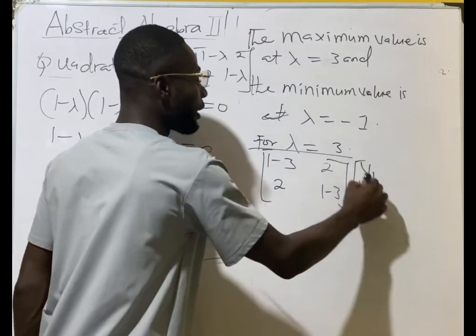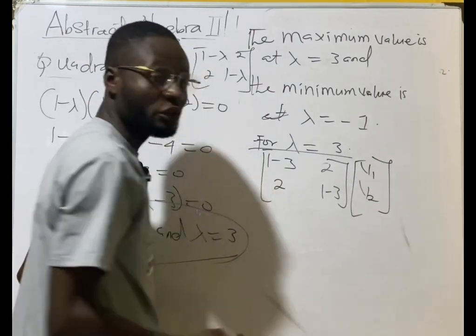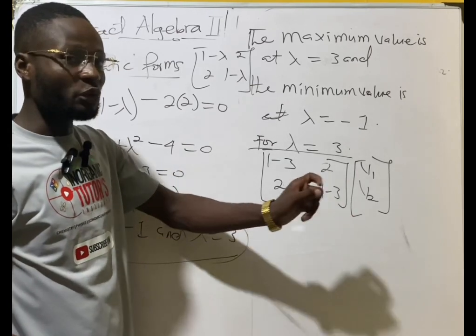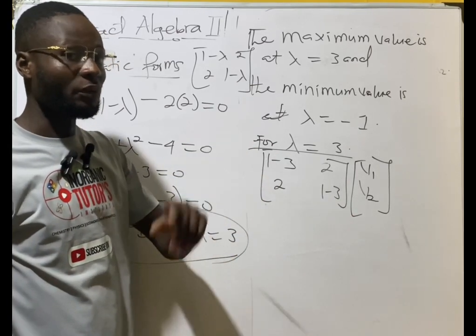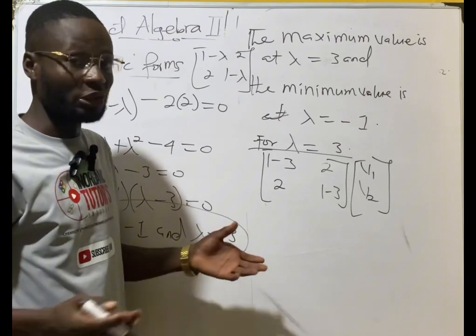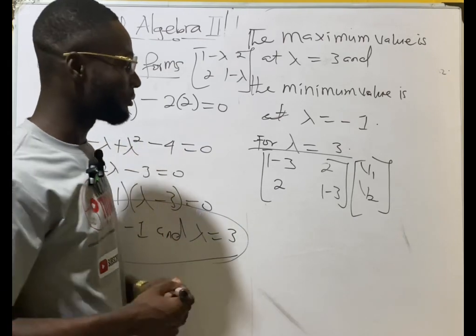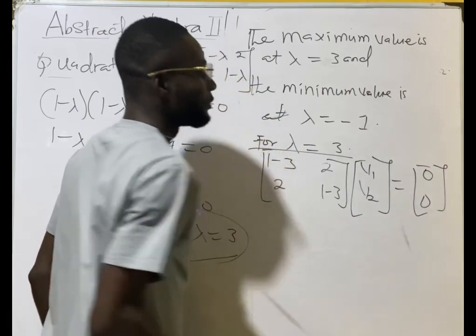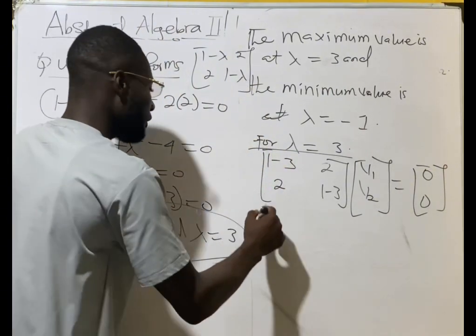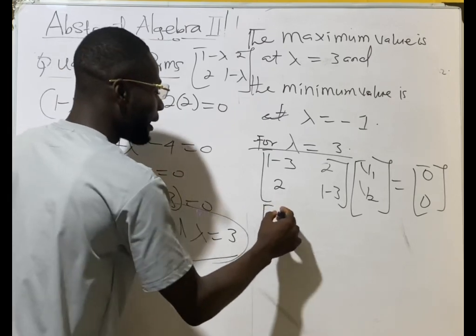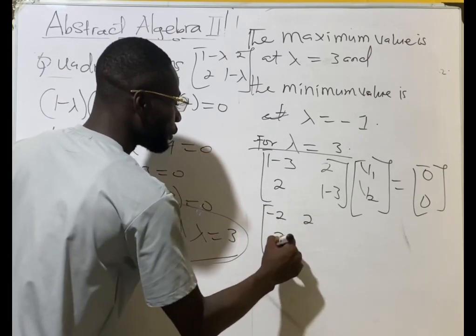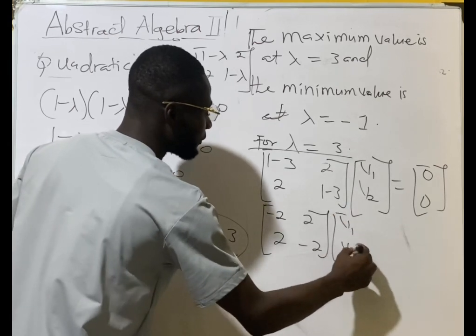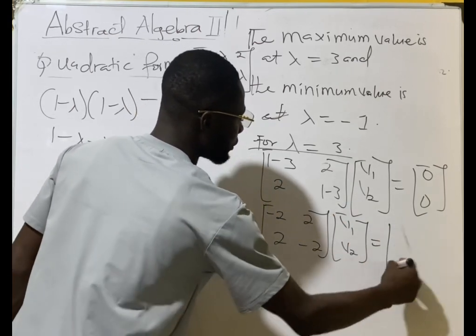So let's say V1, V2. Because we are dealing with eigenvectors, I love to choose the variables V1 and V2. You can choose X1 and X2 as well, it doesn't matter. So this should be equal to 0, 0. So we have -2, 2, 2, -2 multiplied by V1, V2 equals 0, 0.